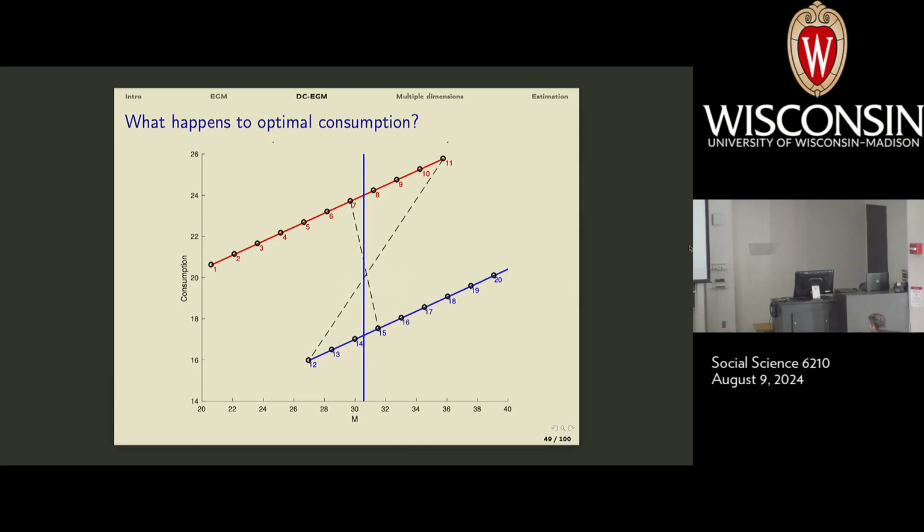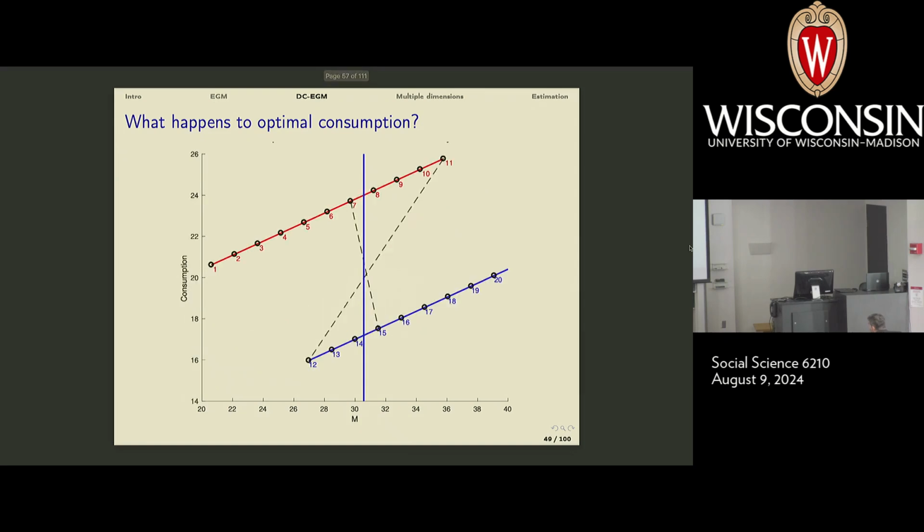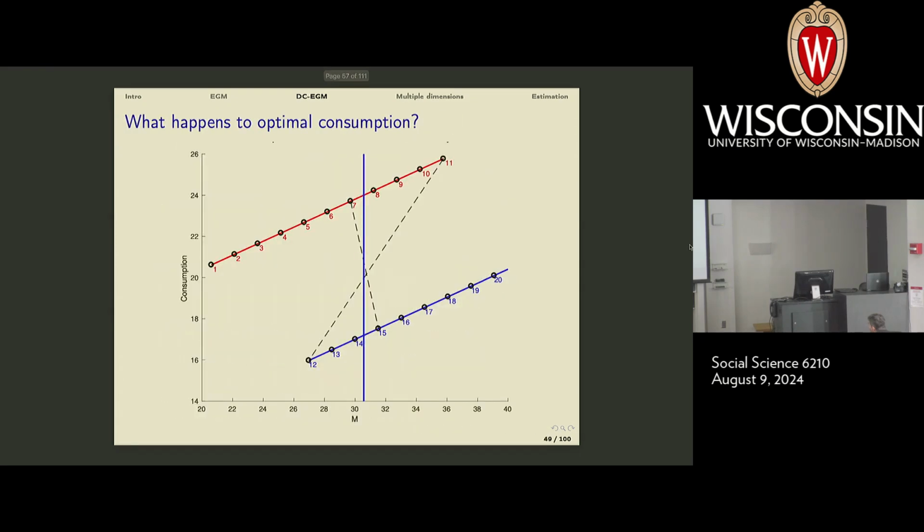And that's because these points over here and these points over here are suboptimal according to this calculation, and we can delete them as well and install the discontinuity in between here. And yeah, you can add some points to make it really vertical if you want to preserve accuracy.